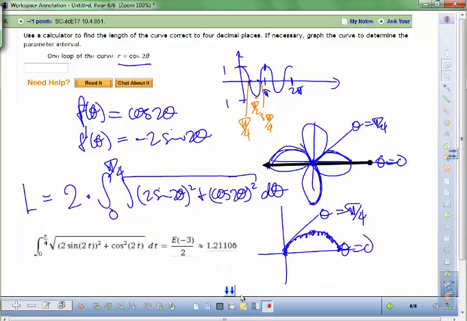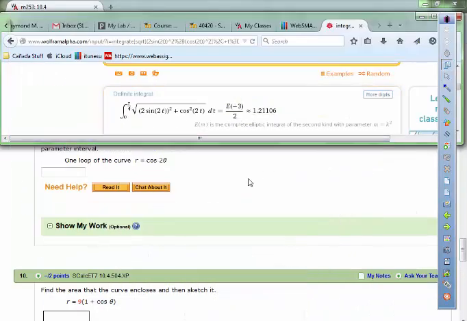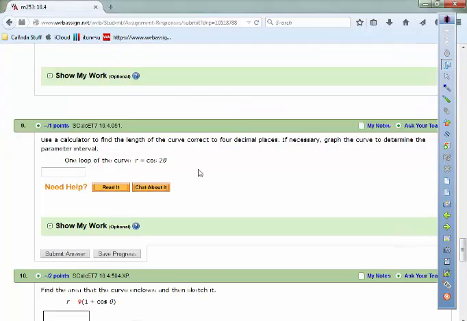So 1.21106. Well, I can double 1.211. 4 decimal places. 2.4221.